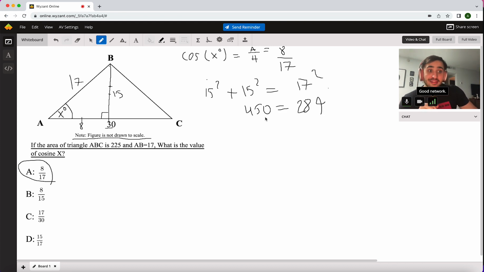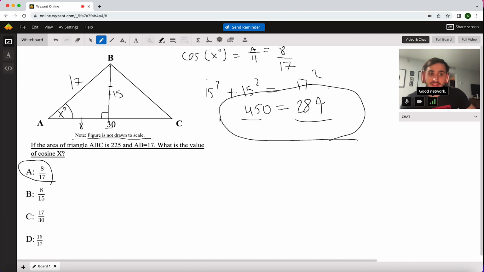Do you see the massive, glowing, radioactive problem that we have in front of us, my friends? 450 is not equal to 289. So what does that mean? That means that this here isn't a right triangle. And that's how I know that 8 over 17 is the proper answer, because it does follow the rules of the Pythagorean theorem.